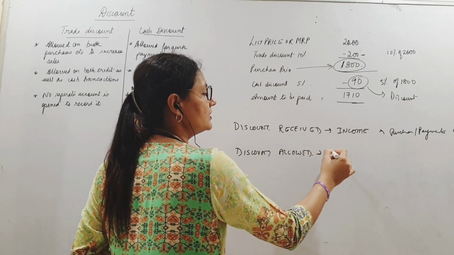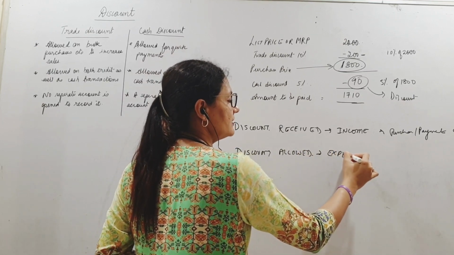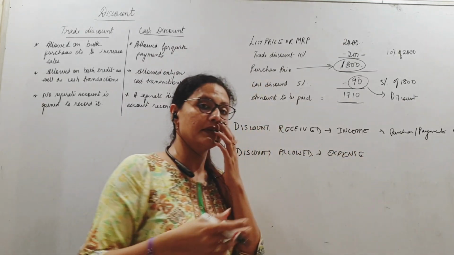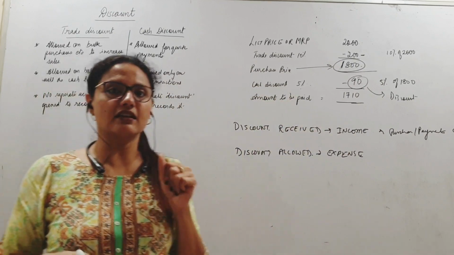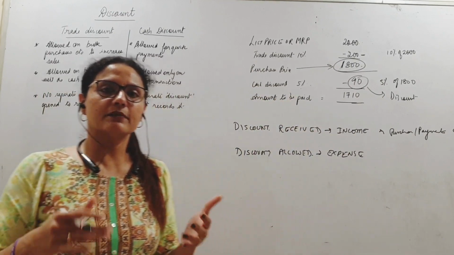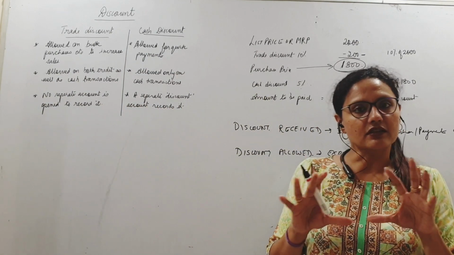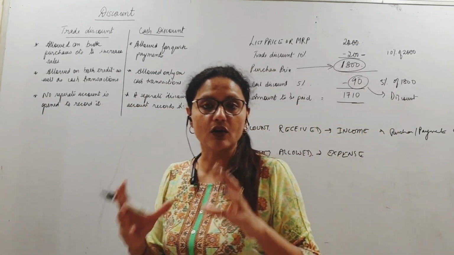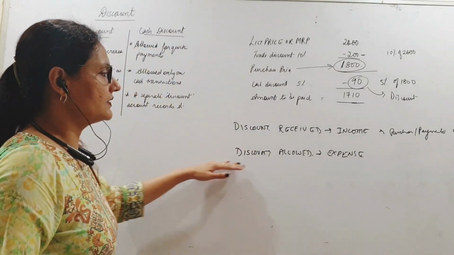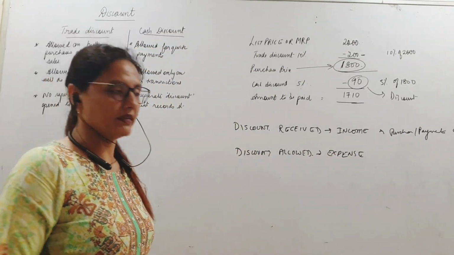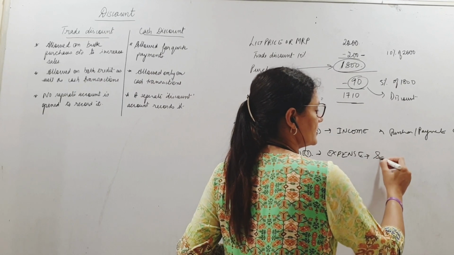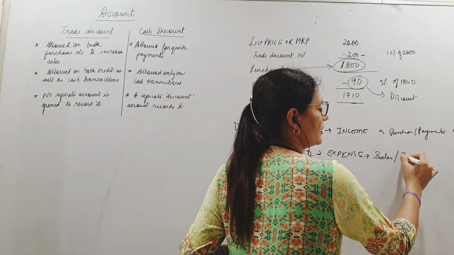Discount allowed is an expense for me because I am letting someone else, my customer, pay less. Customer मुझे पूरा पैसा दे, मुझे फायदा होगा. Less देगा तो वो discount जो है वो मेरा नुकसान है, loss है, मेरा expense है. So this discount allowed is an expense for me, and this is related to sales, yes, or receipts.